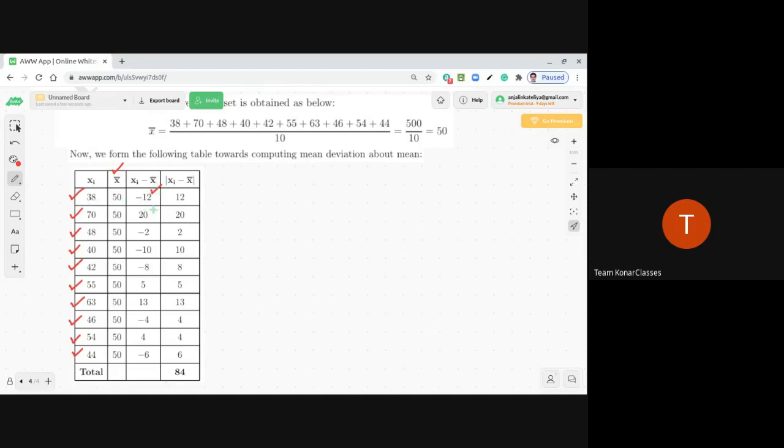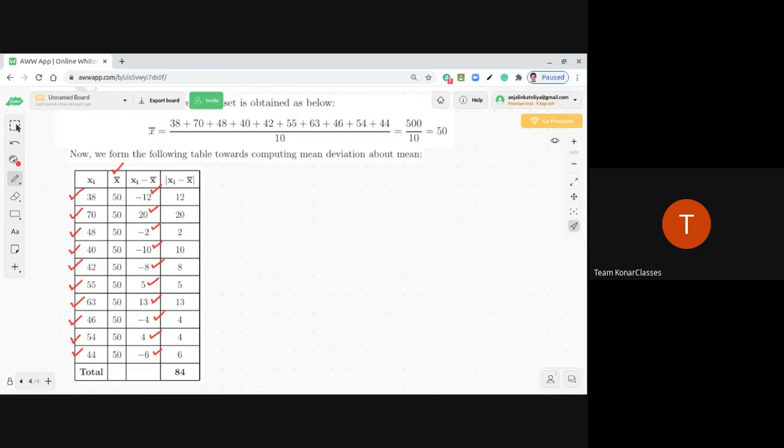Then 70 minus 50 is 20. 48 minus 50 is minus 2. 40 minus 50 is minus 10. 42 minus 50 is minus 8. 55 minus 50 is 5. 63 minus 50 is 13. 46 minus 50 is minus 4. 54 minus 50 is 4. 44 minus 50 is minus 6. So we get these values of xi minus X bar.